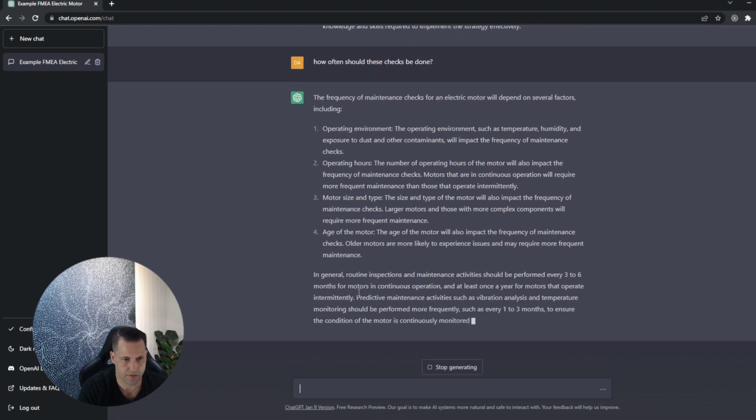Okay. 3 to 6 months, just as a kind of general guideline. Can you give me an example table consisting of past and amended frequency?